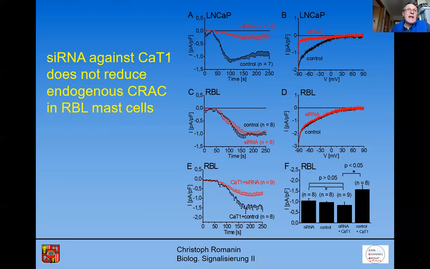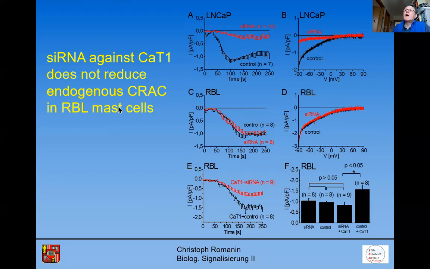It's another technique. It's quite a bit more complicated, although it sounds very easy to do, where you can also interfere at the level of DNA and prevent expression of certain proteins. The main difference here: at day 3, the siRNA is pretty fine.